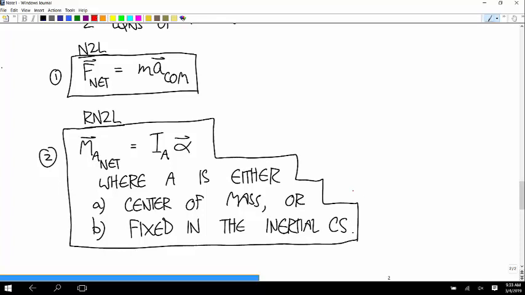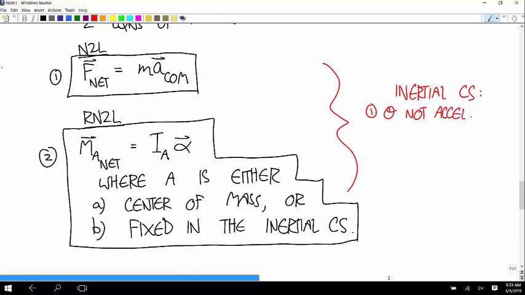All right, so both of these require an inertial coordinate system. What does that mean? There's two ways something can be non-inertial. One is accelerating. So let's say the origin is not accelerating. And what's the other one? That's right. The axes can't be rotating, or the orientation of the coordinate system can't be changing in time.